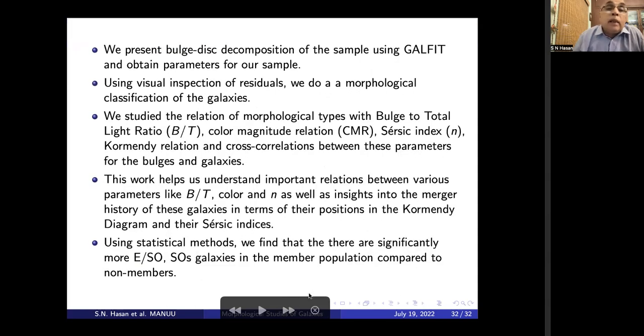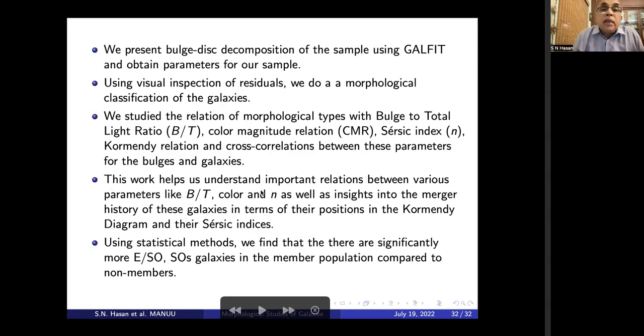Irregulars are merely 9%. We present bulge disk decomposition of the sample using GALFIT and obtain parameters for the sample. Using visual inspection of residuals, we do a morphological classification of galaxies. We study the relation of morphological types with bulge to total light ratio, color magnitude relations, Sérsic index, Kormendy relation, and cross correlation between these parameters for bulge and galaxies.